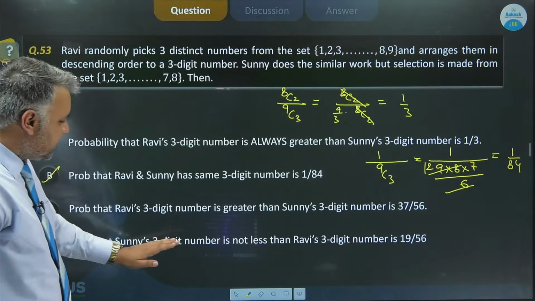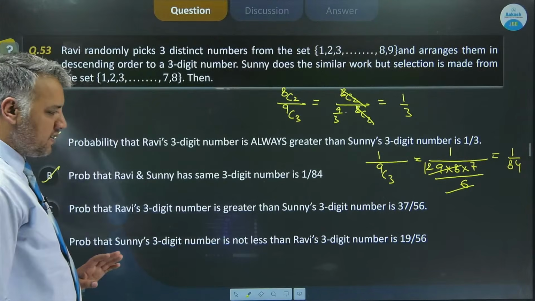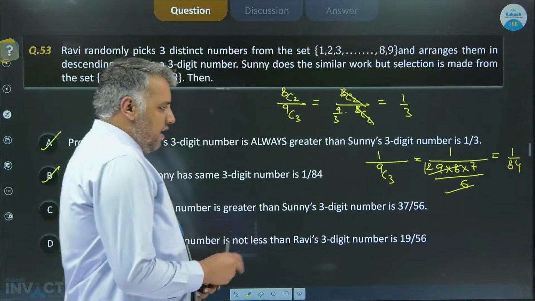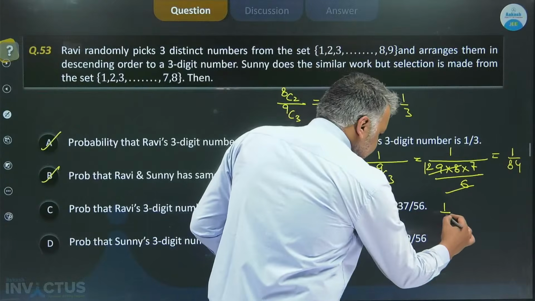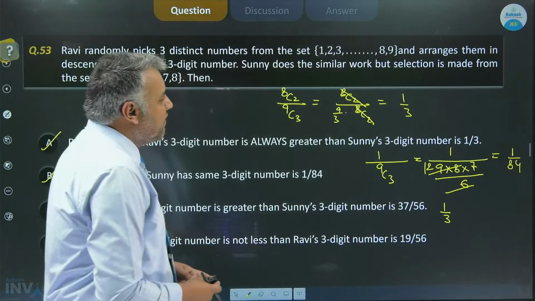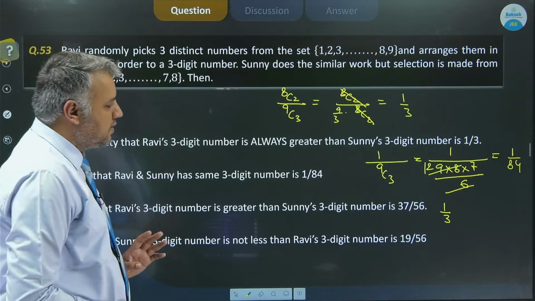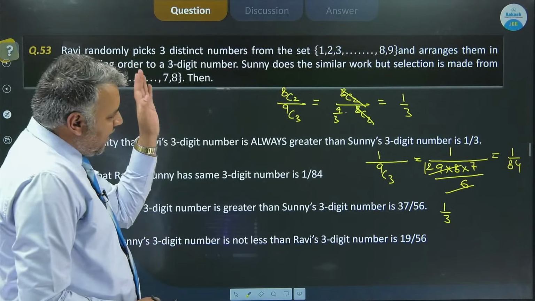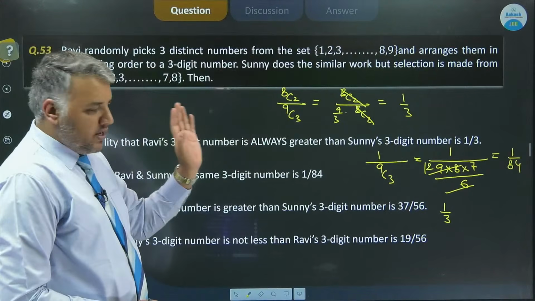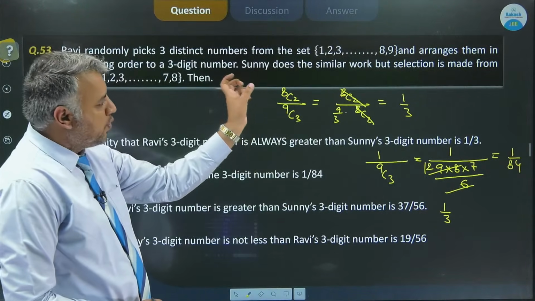Probability that Sunny's 3-digit number is not less than Ravi's 3-digit number. If 1 by 3 is the probability that Ravi is using 9 to form his 3-digit number, then in the other cases, with 2 by 3 probability, he will not use 9.